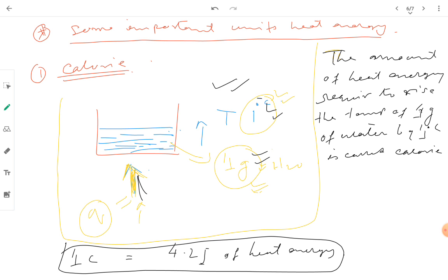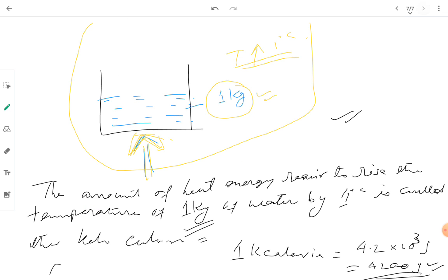Now some important units of heat energy. Calorie is the amount of heat energy Q that is required to raise the temperature of 1 gram of water by 1 degree C. Another topic is the kilocalorie.